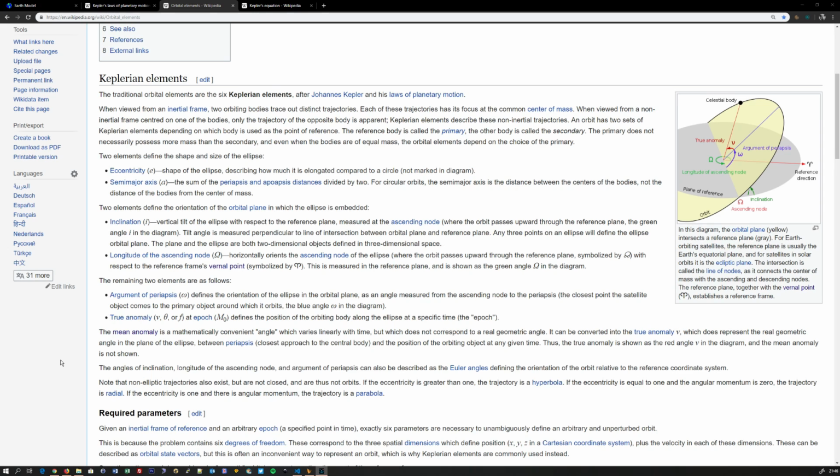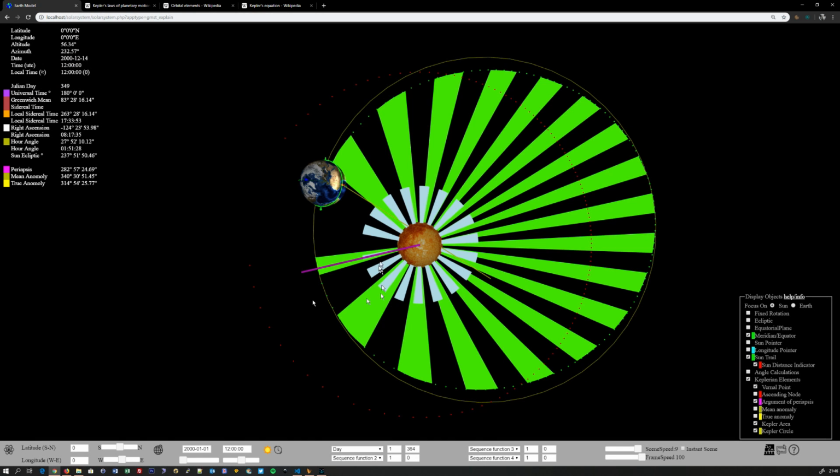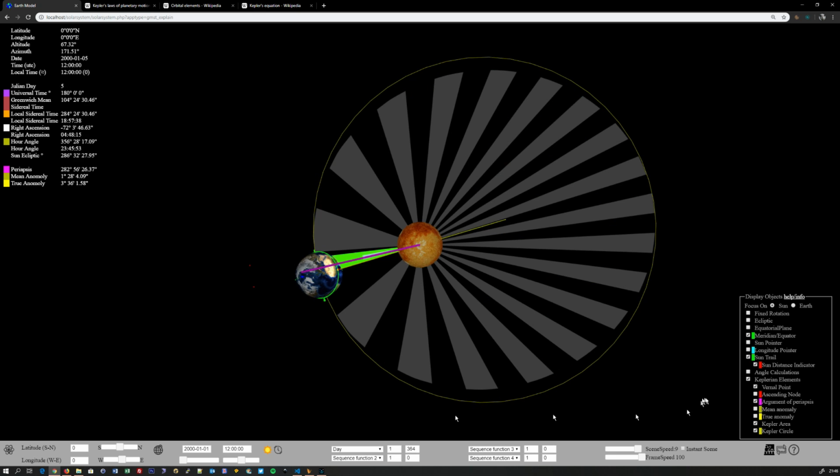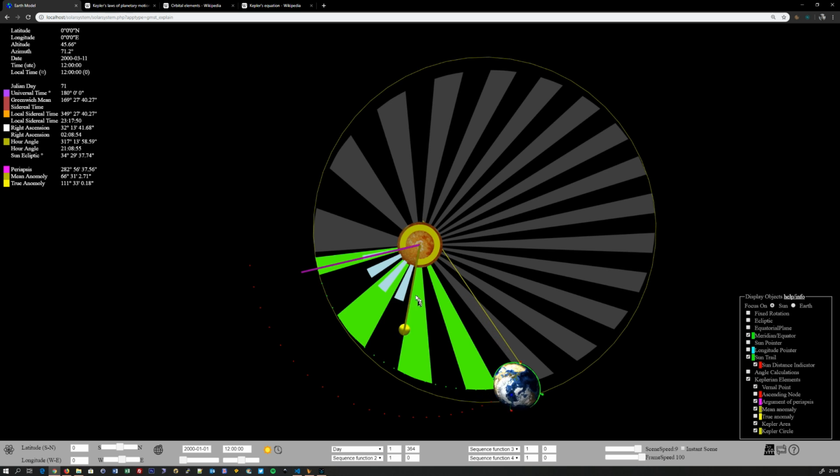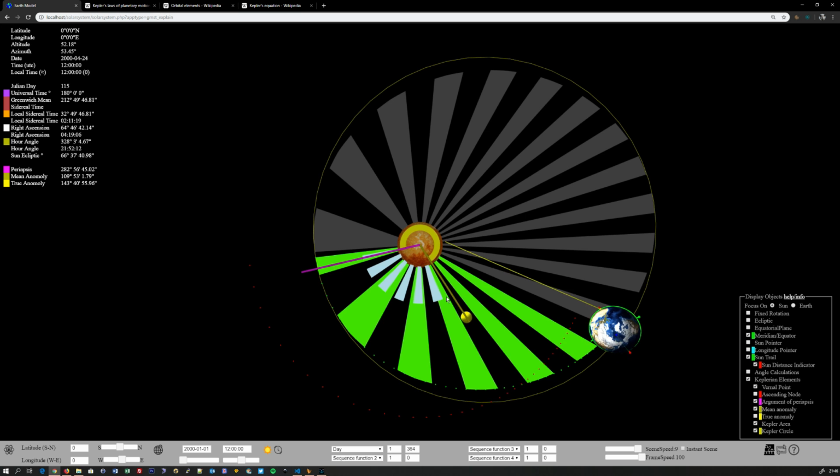Because it's hard to calculate the true anomaly just like that over time, they use the mean anomaly. And that's a convenient angle which varies linearly with time, which says it's always the same when going through the time. You can see the mean anomaly is going very slowly, but it never varies. It's just the same amount of angle for every day or every few days.